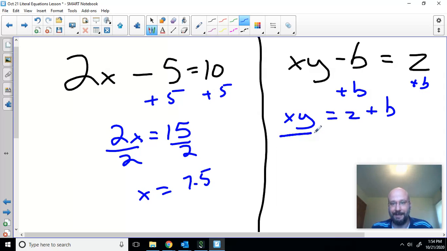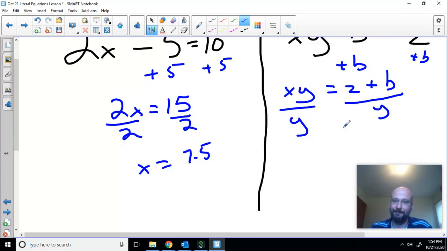And now I'm going to divide both sides by y, but I have to divide this whole right side by y. So that's going to give me x equals z plus b over y.